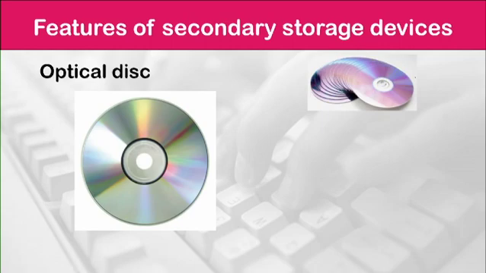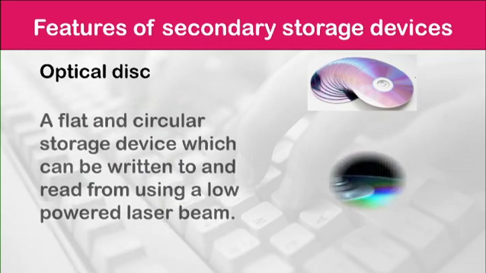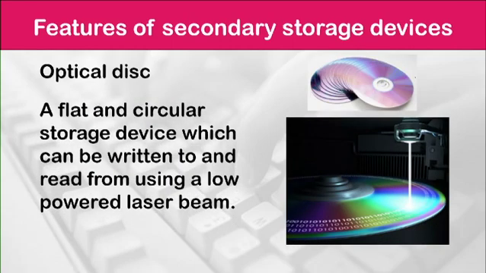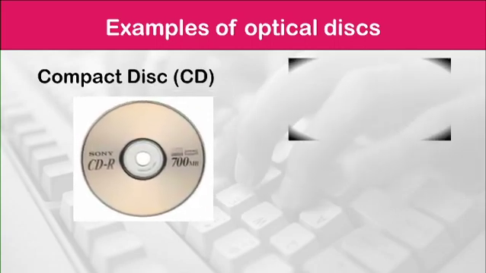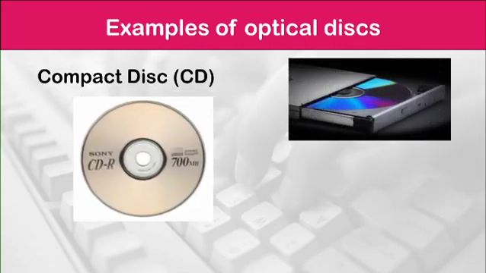An optical disc is a flat and circular storage device which can be written to and read from using a low-powered laser beam. An example of an optical disc is the compact disc, also called CD.